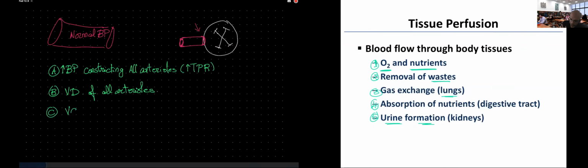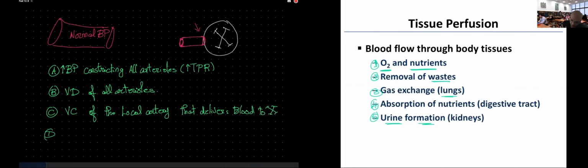C, I will be performing vasoconstriction of the local artery that delivers the blood to organ X, or I will be performing a vasodilation of the local artery that drives the blood to organ X. Which one would you pick?